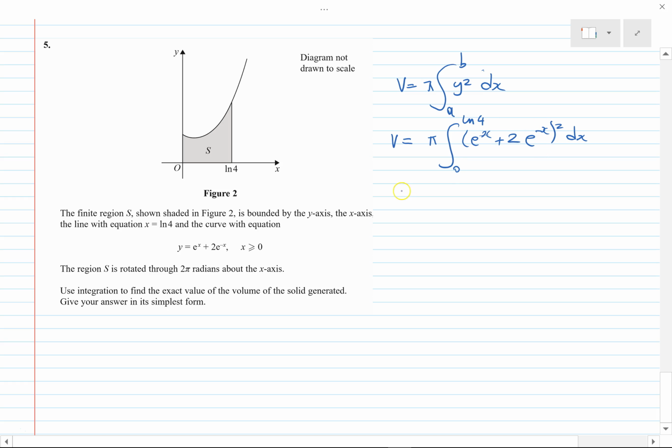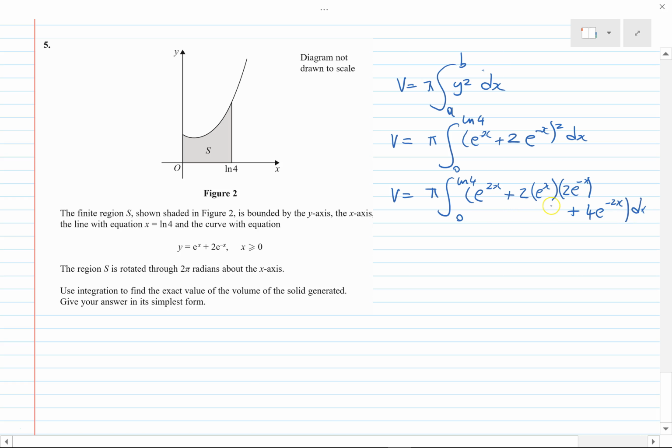Now squaring this out, we have ln 4 to 0 of e to the this bit squared, which is e to the 2x, plus 2 times this, plus this squared, which is 4 times e to the minus x squared, which is 4 e to the minus 2x, dx.